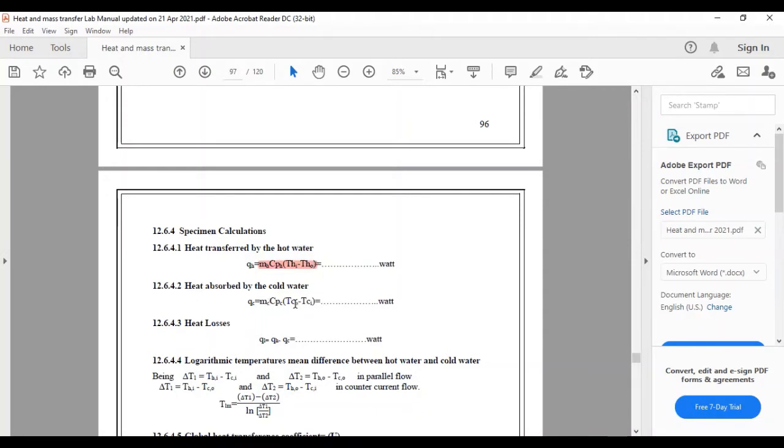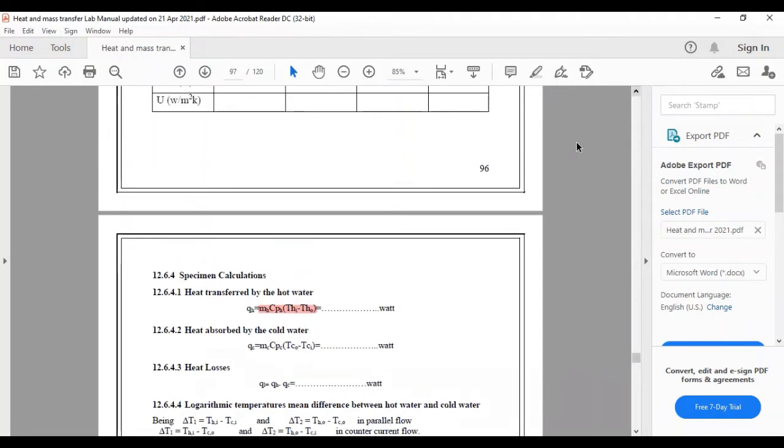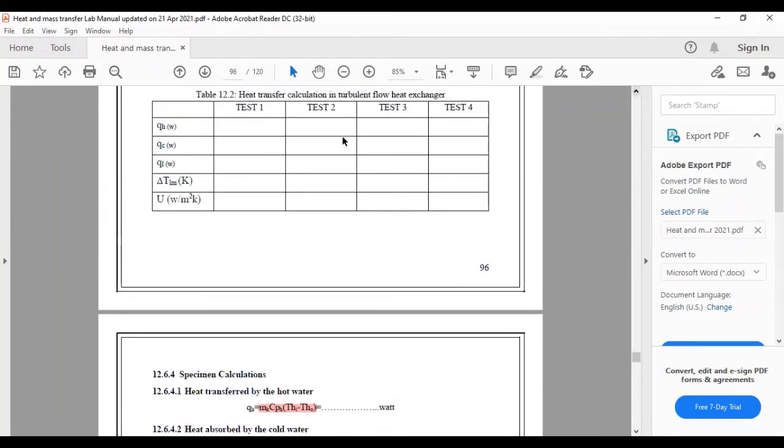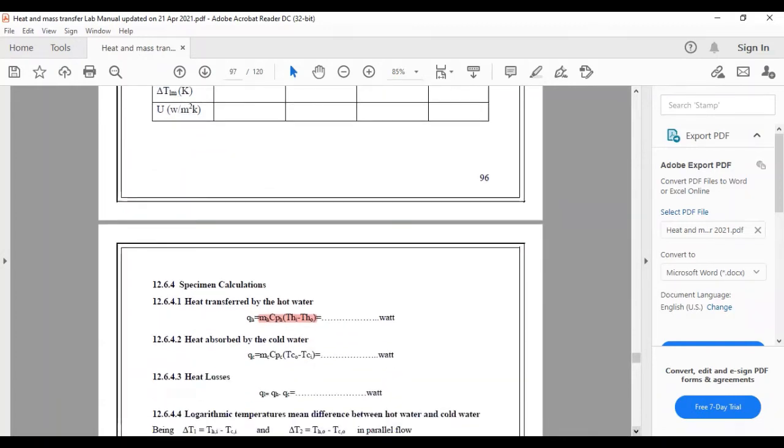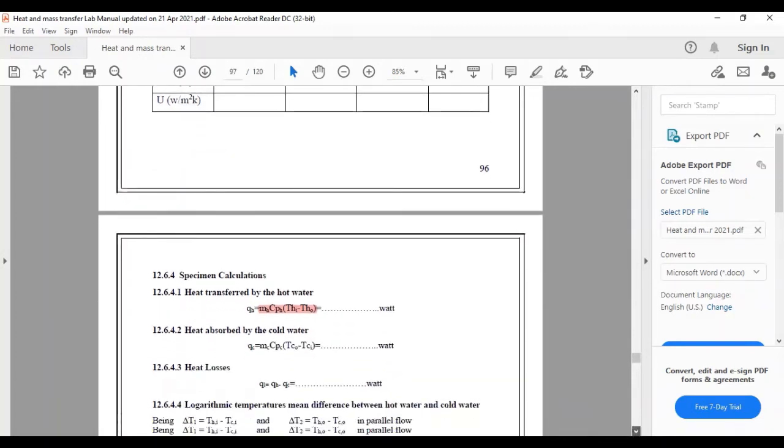Similarly, TCO is cold water outlet and TCI is cold water inlet. At this time, these are all parallel flow. When we get the values of QH and QC, we just take their difference, and that will be QL. So in this table we have QH, QC, and the difference QL. This is the difference of heat transfer from hot to cold.